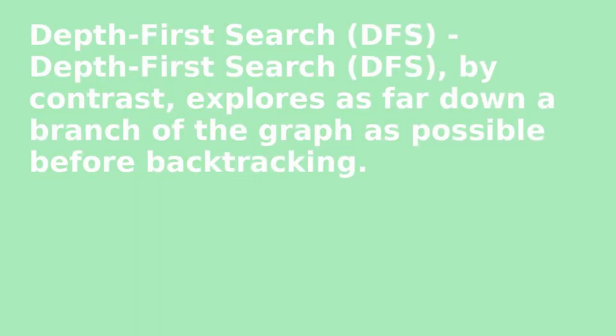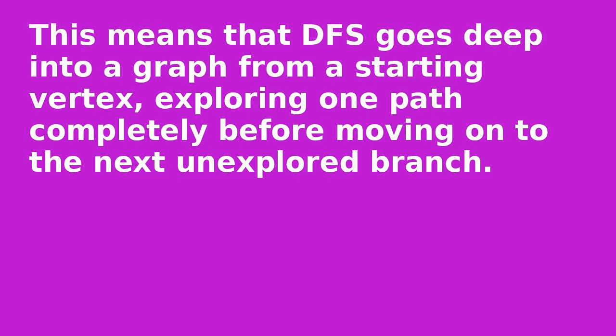Depth-first search, DFS. Depth-first search, DFS, by contrast, explores as far down a branch of the graph as possible before backtracking. This means that DFS goes deep into a graph from a starting vertex, exploring one path completely before moving on to the next unexplored branch.